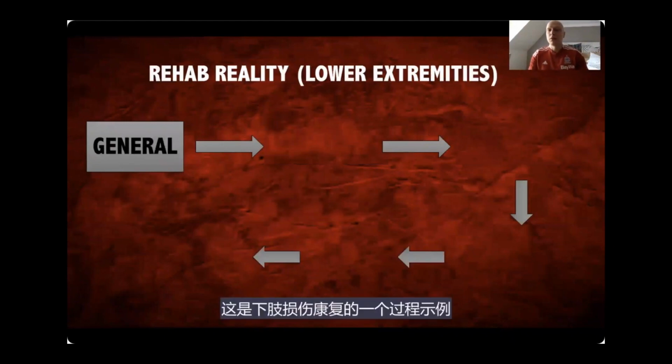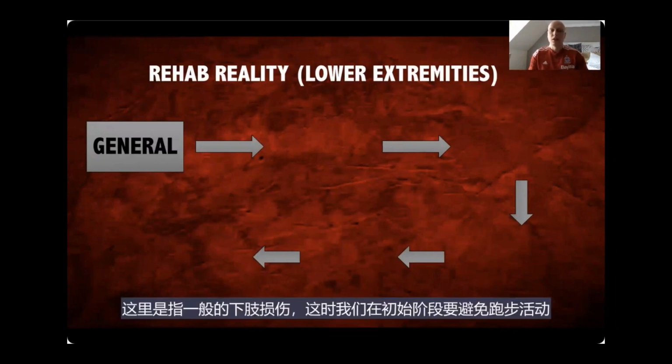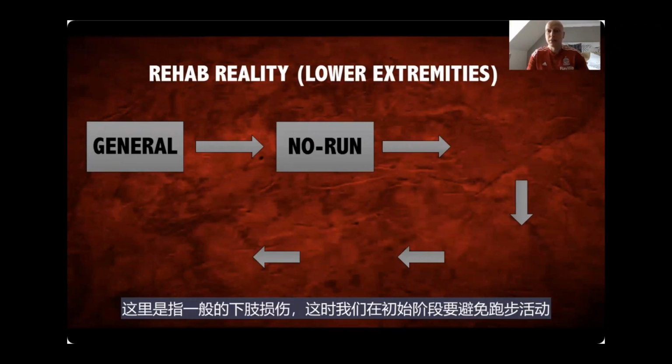Now, if we talk about reality, this is an example of what we have during a rehab process when we have a general injury of the lower extremities. In that phase we basically avoid running.